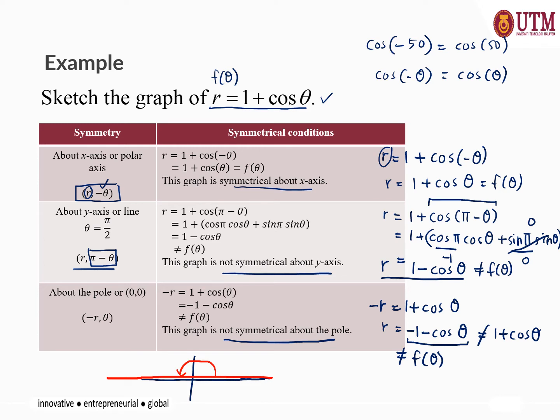Once you get the shape, you just have to find the symmetrical part of the shape for this graph. So you just have to construct the table from 0 degrees, 30 degrees, 60 degrees, 90, up until 180 degrees.